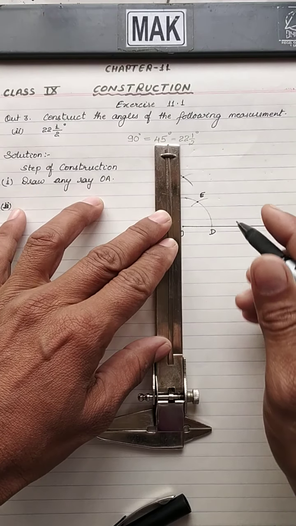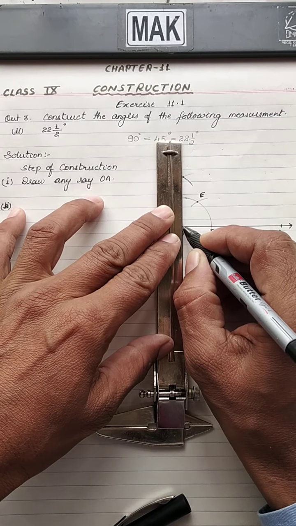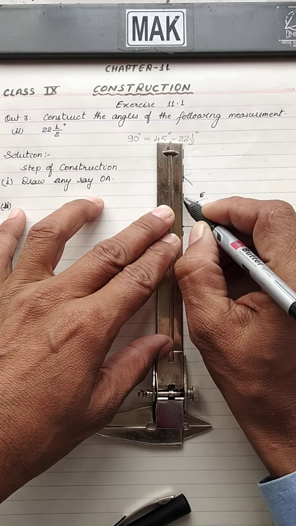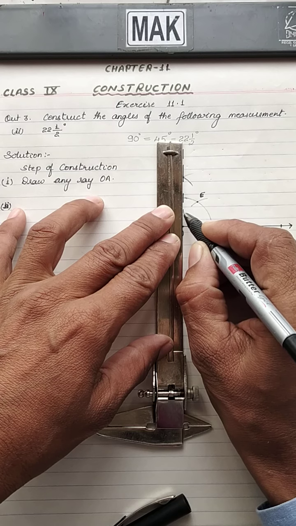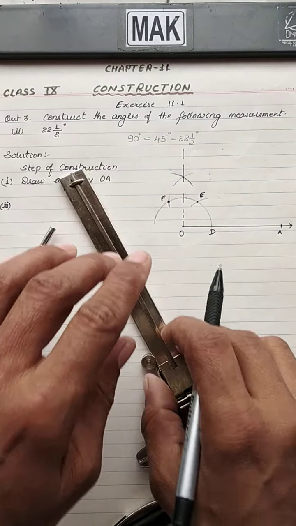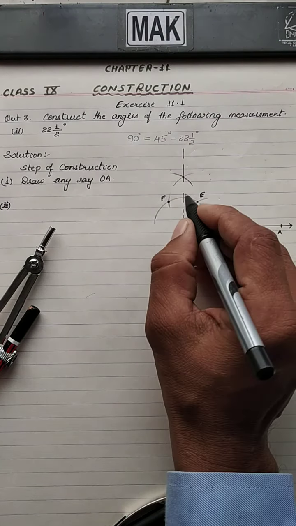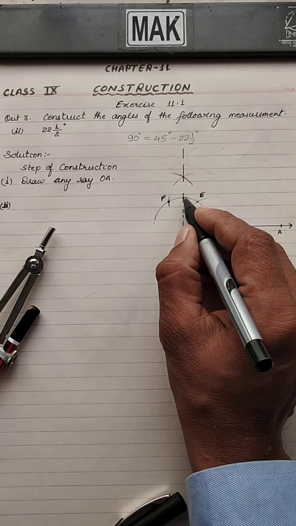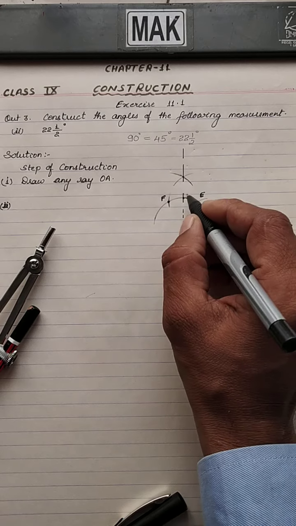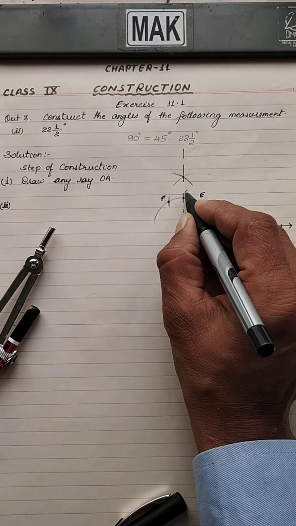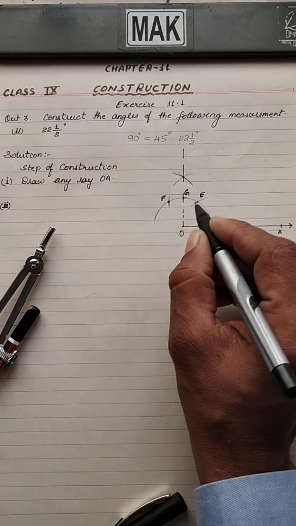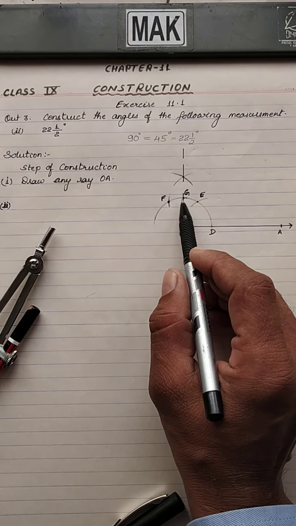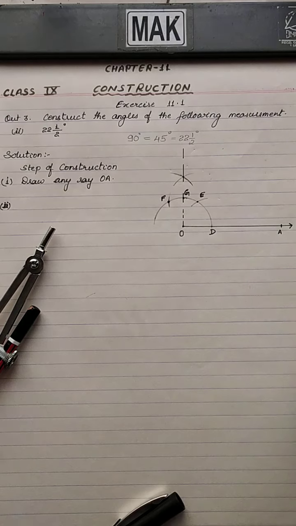So we got a point, and this is the 90-degree point. Instead of constructing the complete angle, we will put the mark only here so that we have an idea that this is our 90 degrees. From this intersection point to the point D, we are going to name this point G. If we draw a bisector of the 90 degrees from G to D, it will be 45 degrees.